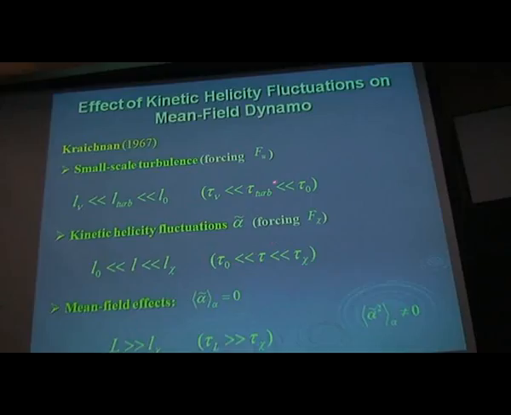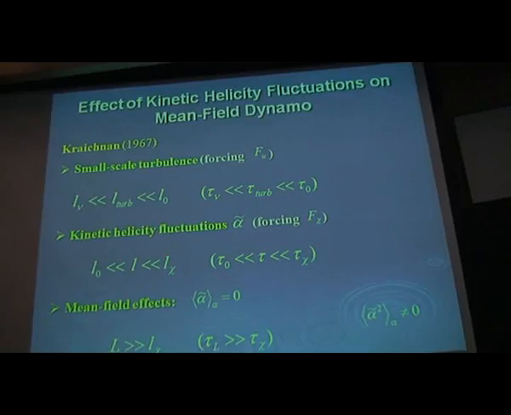We have a forcing which produces small-scale turbulence from the viscous scale to some scale L0. Then there is another forcing which produces kinetic helicity fluctuations in scales from L0 to L_car. Mean field effects imply that we consider scales which are much larger than the L_car scale.